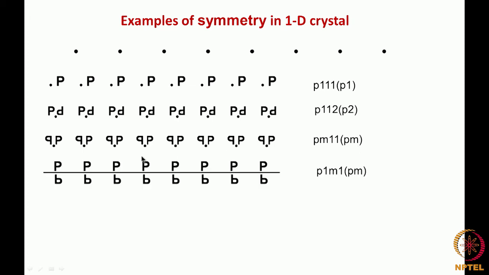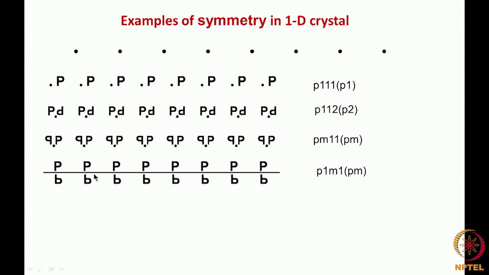So, this represents PM. Suppose we take the same lattice and put a mirror along this lattice direction, and then what is going to happen is that for every lattice point, every motif, we can see that a mirror image is being formed. We assume we consider this to be a motif which repeats itself, correct.